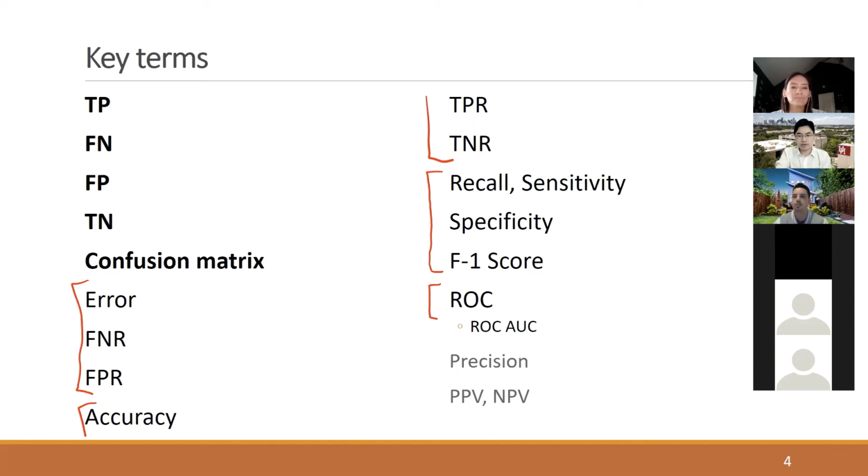These are standard evaluation metrics. Things in gray are optional, although the calculation of one of these, actually these two are the same, they help calculate the F1 score more easily.